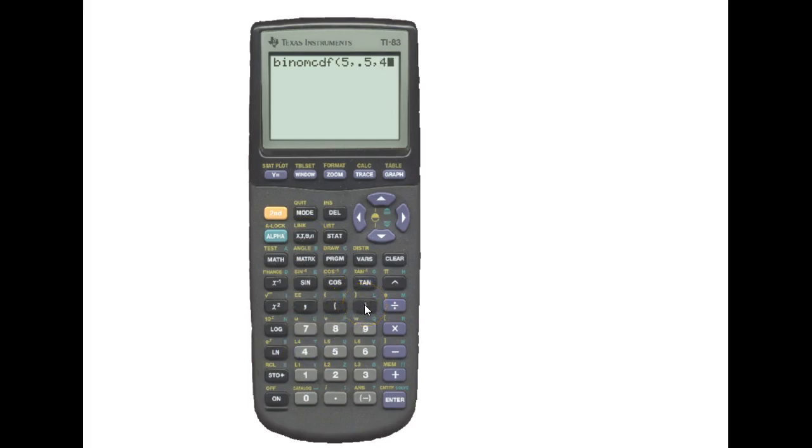So this will find the probability of getting less than or equal to 4 heads, which is the same thing as, again, getting at least one tail. And that's 0.96875. Round to 4 decimals appropriately, and you'll get your result.